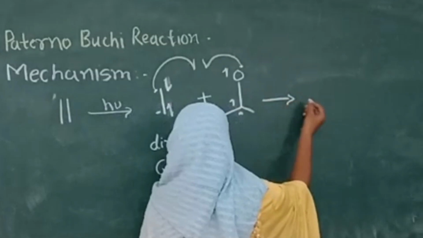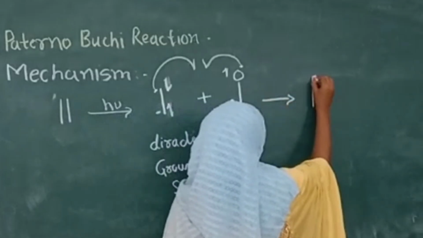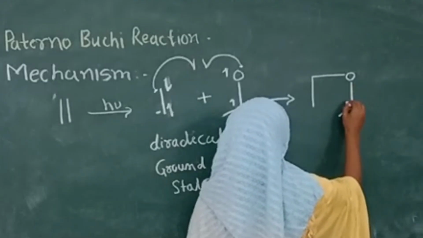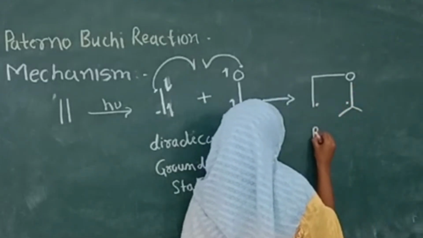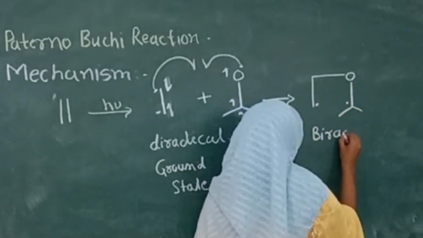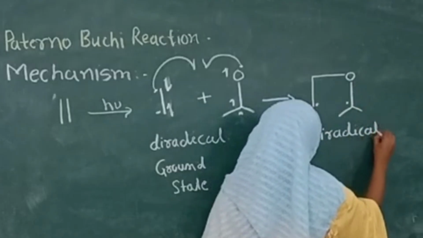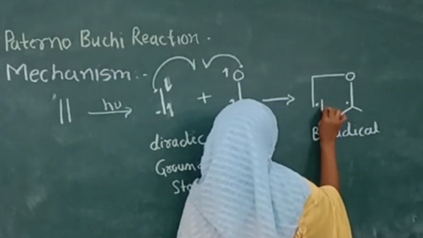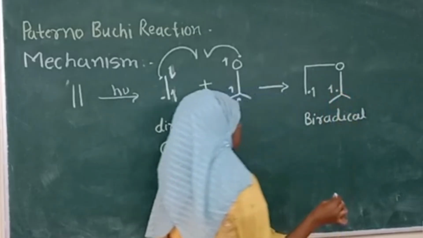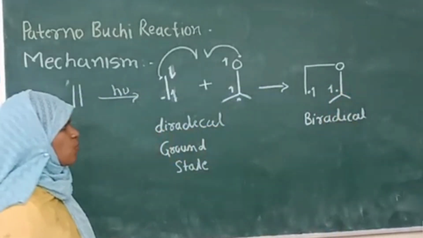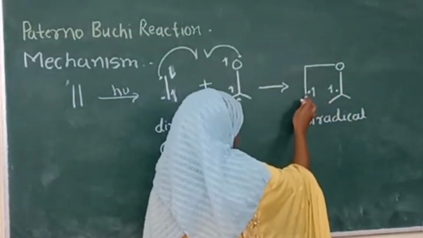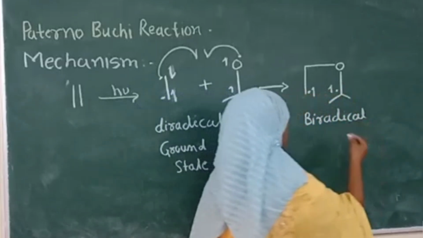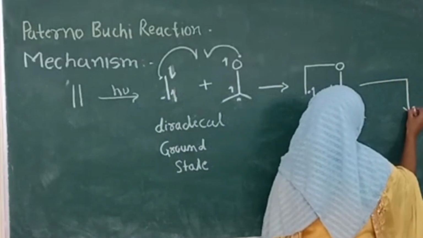After that, we get a biradical or diradical species in which the spins are in the same direction. So how can a bond form between this carbon radical and this carbon radical? They undergo spin inversion.